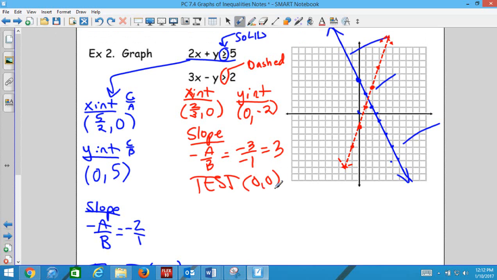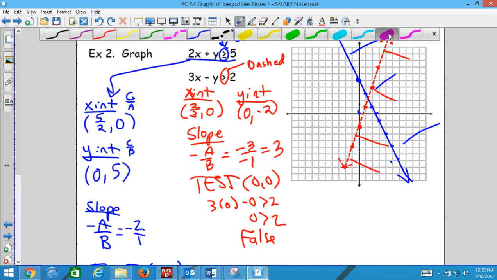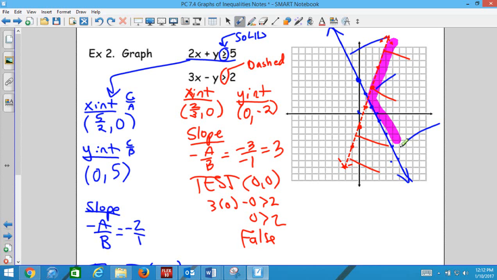I'll go ahead and test 0, 0 because it's not on the line. 3 times 0 minus 0 is greater than 2. 0 is greater than 2. What is that? False. So I do not shade 0, 0. That means I got to shade this way. So where do they overlap? Making it super obvious what my answer is.